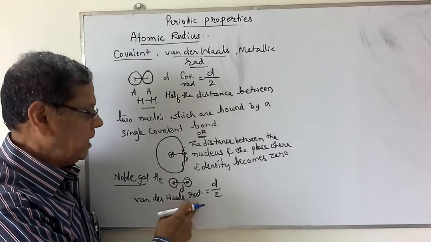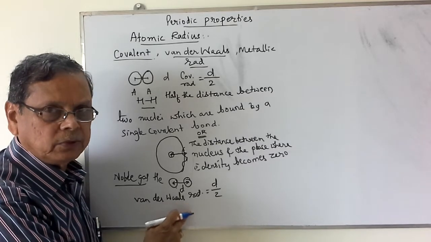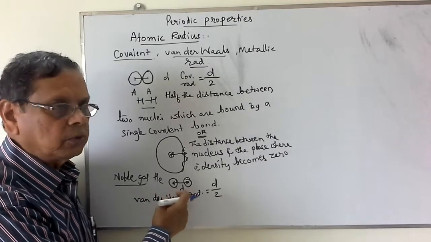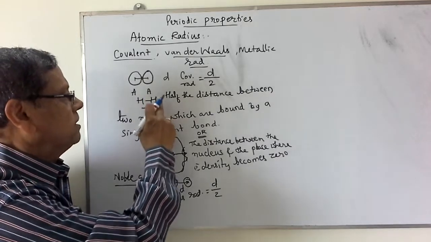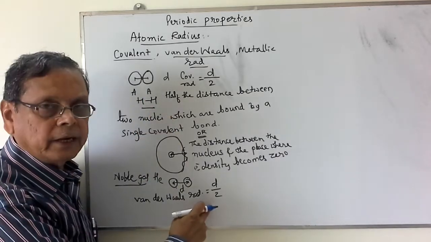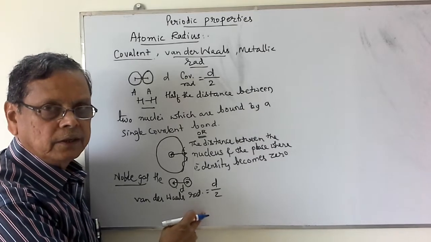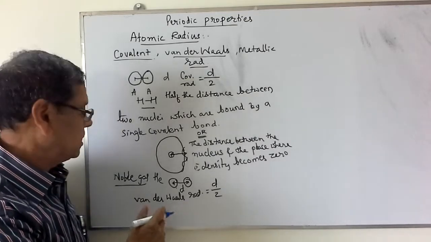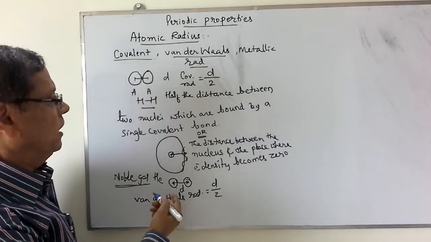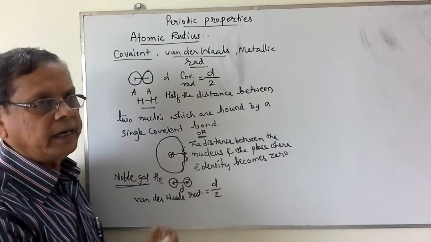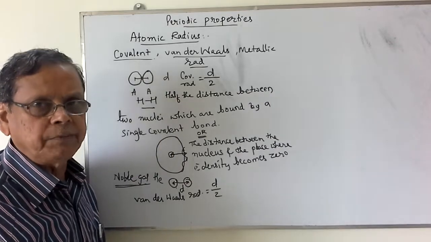Since here the weak attractive force exists between the two atoms, the distance between the two atoms is very large. That's why the covalent radius is always smaller as compared to the van der Waals radius. This should be kept in mind when we discuss the radius of the noble gases. Now let us see how these atomic radii vary across the period.